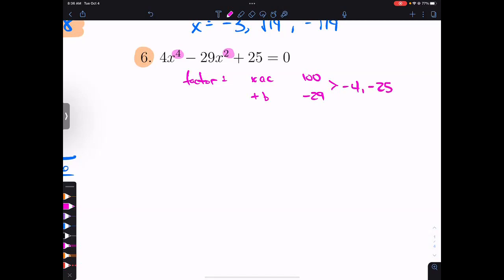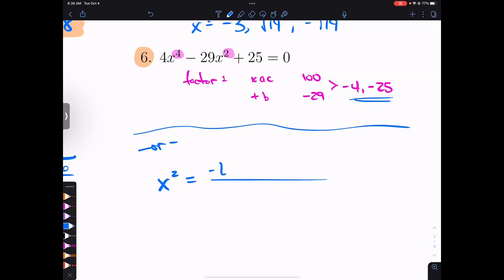But you are well within your rights to see that and say, I'm not going to worry about trying to factor that. If you want to, there you go. That's what you use. Or quadratic formula, and you would just do quadratic formula to find x squared.